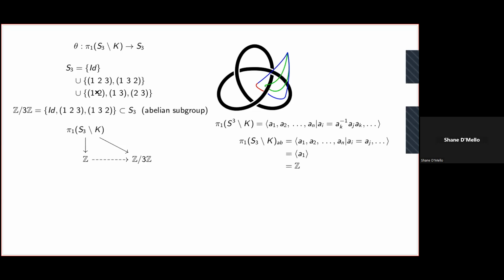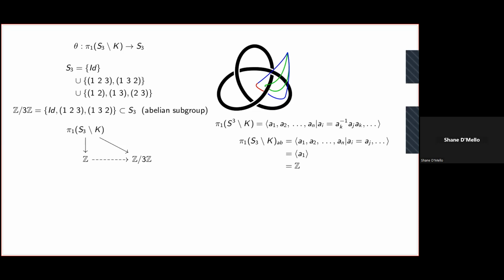So in other words, if theta takes even one element to either (1 2 3) or (1 3 2), all the others have to be taken to one of these two. In fact, if even one of them goes to the identity, all the others will have to go to the identity. So what I'm trying to say is that these are the useless homomorphisms.